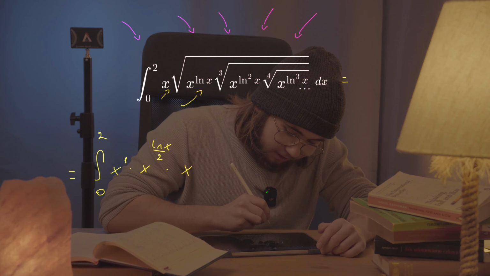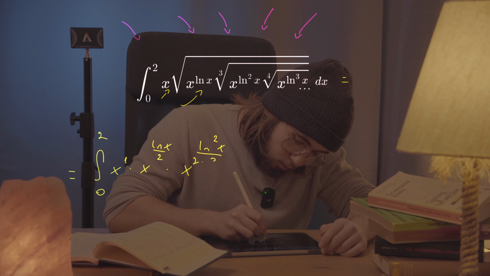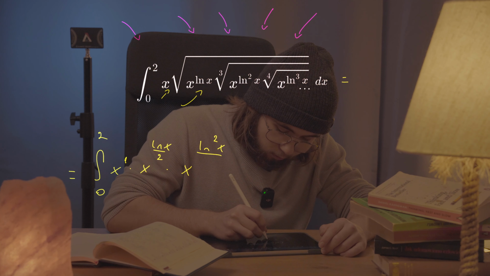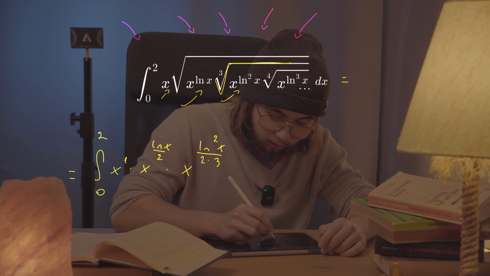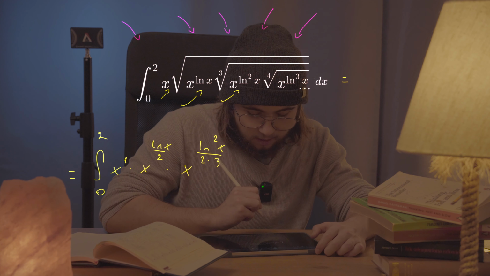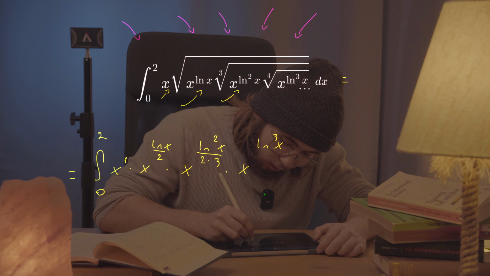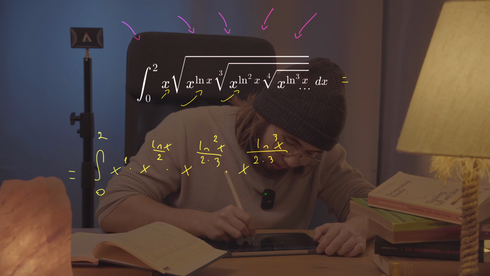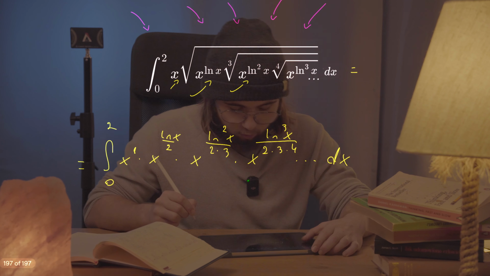There's going to be x to the power of natural log squared of x all over 2 multiplied by a 3. So 2 times 3, that's this guy over here. He's under a cube root and also under a square root. And then multiplied by x to the power of natural log cubed of x over 2 times 3 times 4. I'm just going to be extending this guy into infinity.